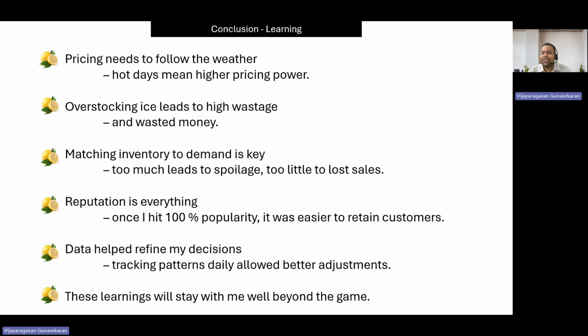A slight change in ice quantity will change customer satisfaction to a greater extent. Cash flow has also been maintained very well. Business sustainability depends on the cash flow, so you have to be very strict on that part. From pricing understanding to pressure on the inventory side, the game sharpened my practical business thinking.